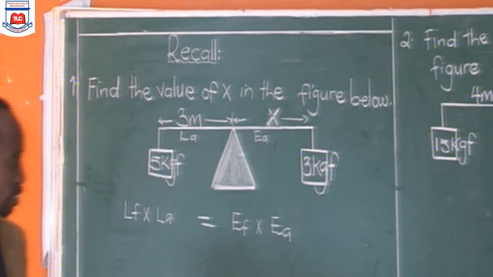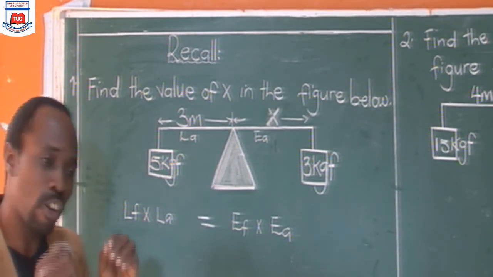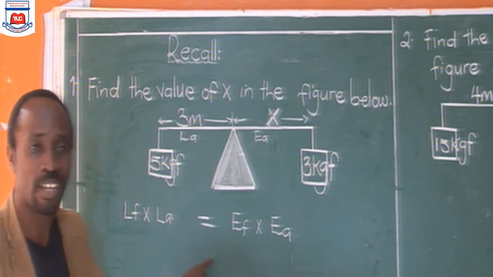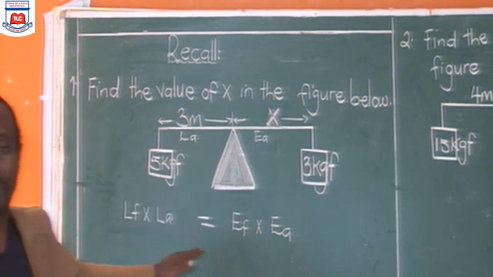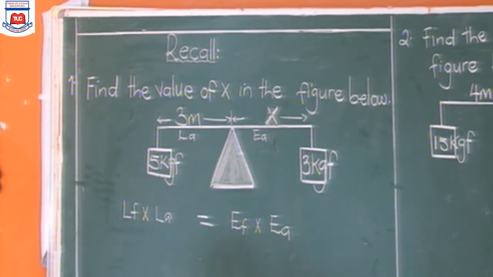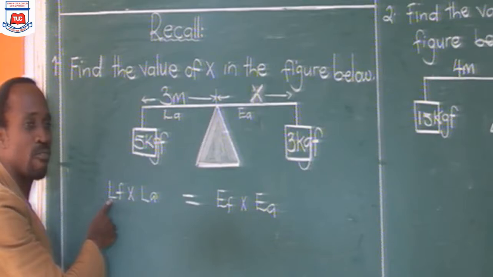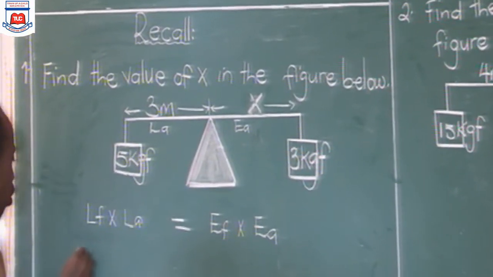As simple as that. Dear candidates, don't forget to state this, because the moment you don't state it, you are losing a mark. The examiner gives you a mark for only stating this. This is what will help you to substitute these figures, okay? Now, let's look at the load force. The load force in this case is 5 kilogram force.